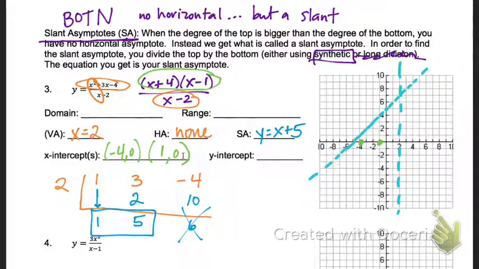Nope, 1, 0. And my y-intercept is setting x equal to 0. So somebody plug that in, or I guess everyone. And you get 2.